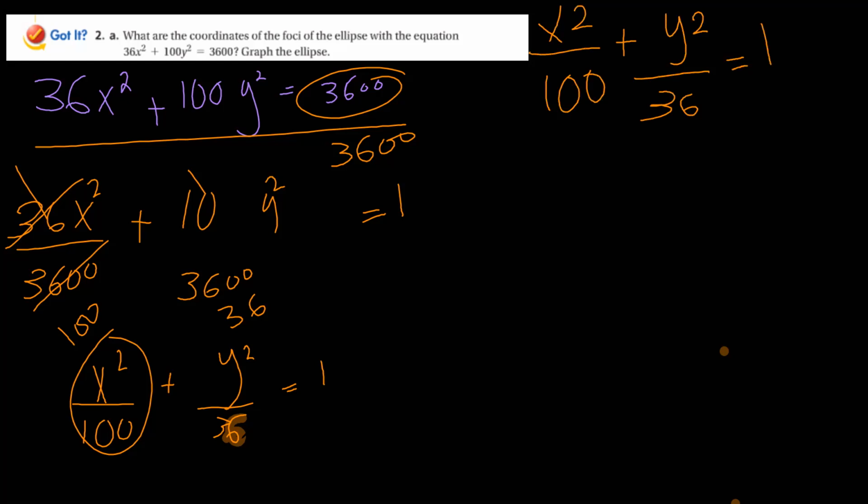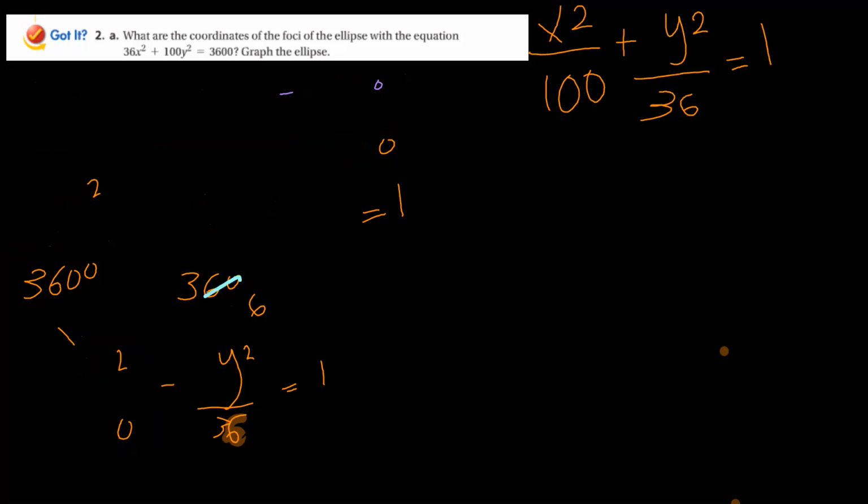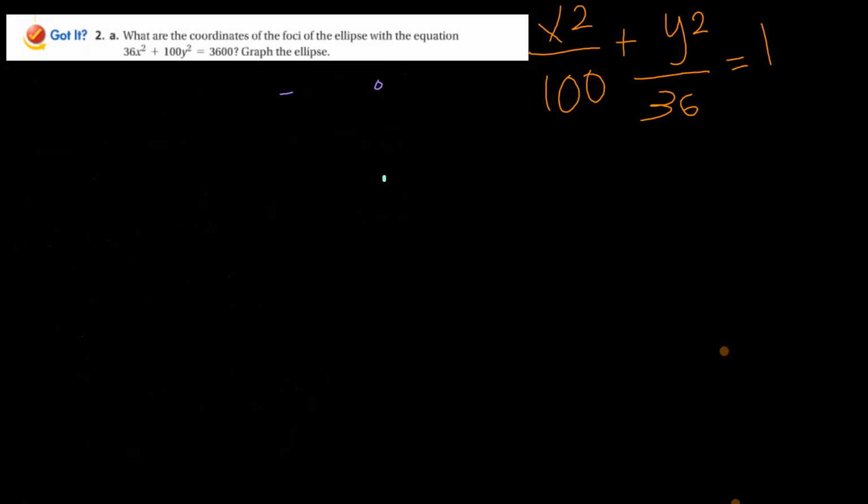So from here, a squared is equal to 100 and b squared is equal to 36. So a will be 10.